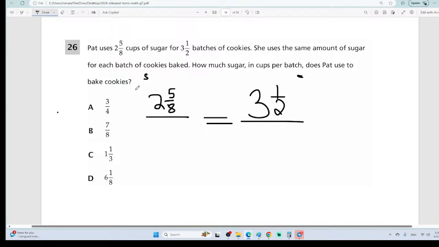So basically for one, how many cups per one batch. Under the batches, I'm gonna put 1 because that's what I want. And under the sugar, because they say how much sugar, that's what I don't know. I know how many batches I need, I need 1 batch, but I don't know how much sugar it will be.